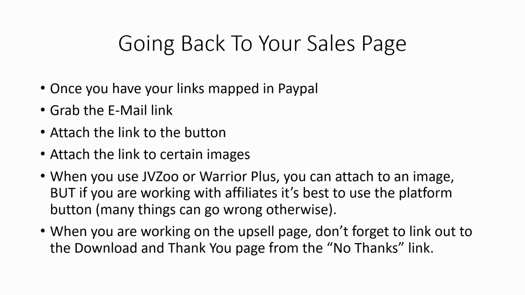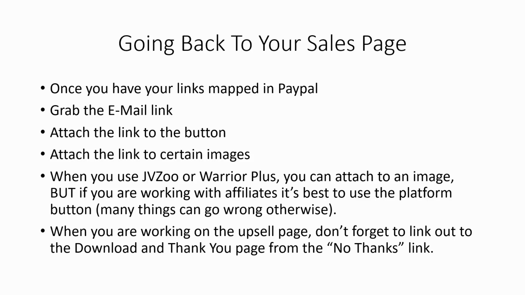Okay, just briefly, I want to talk you through this process. We have this email link that we picked up, and we're going to go back and link it to the button on the sales page. And if you decide to use JVZoo Warrior Plus, I'm going to suggest that you don't try to use those links with your own button. I know people do it.